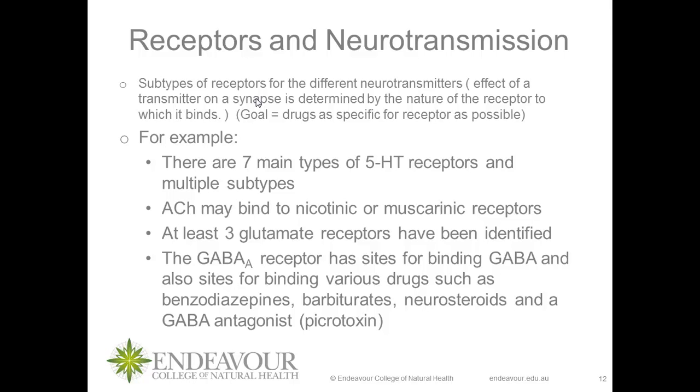With 5-hydroxytryptamine, we indicated that it's quite complex though, that there are 7 main types of receptors, and of those 7 main types, there are many multiple subtypes of receptors.